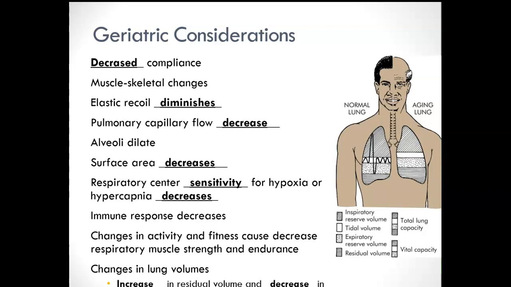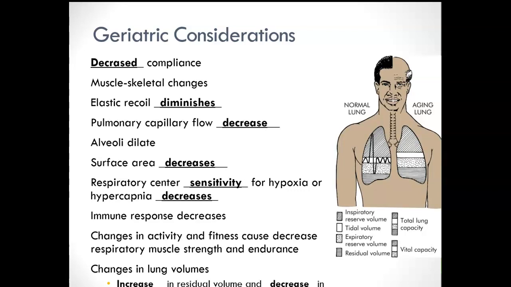Our alveoli dilate in an attempt to compensate for this pulmonary capillary flow decrease. So surface area decreases even though the alveoli dilate, we still don't have any more vessels, right, to cover that area.